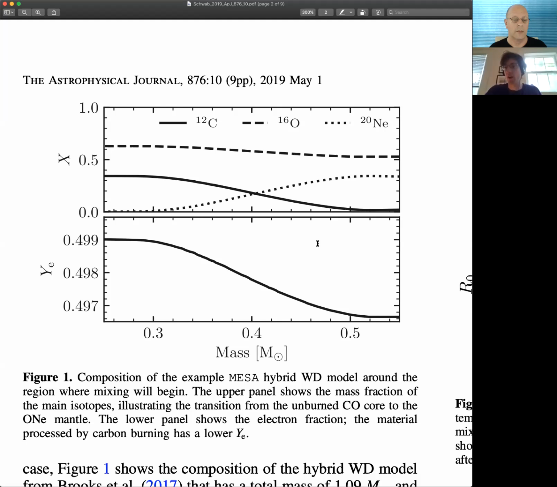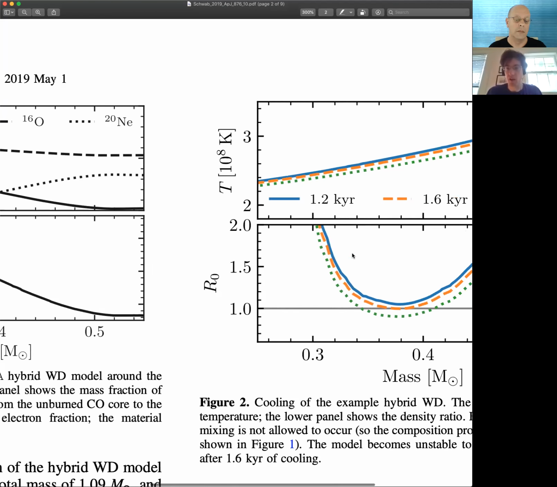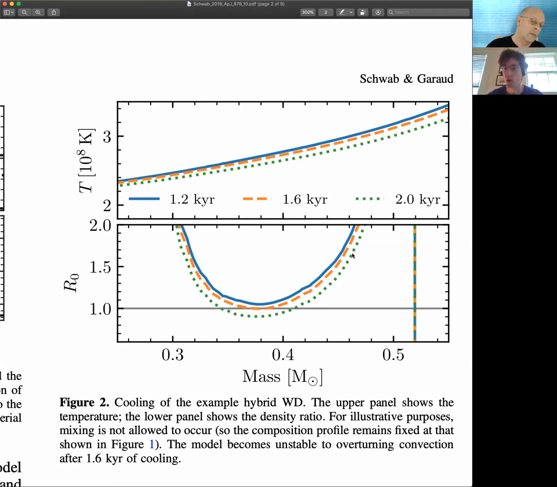And now the question is, as it cools and that stabilizing temperature gradient vanishes, what's going to happen, and what are the mixing processes like? We can take a look at figure 2 because this will show the cooling. Again, we're looking at this same little slice off center in the white dwarf. The x-axis is the same here.